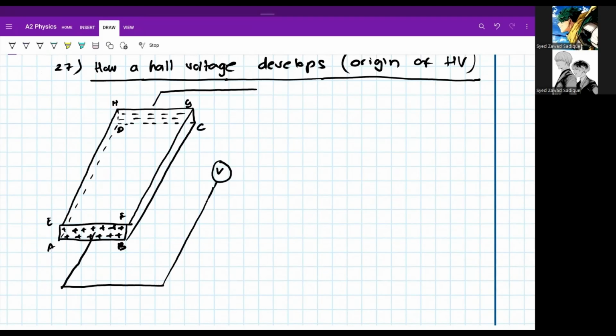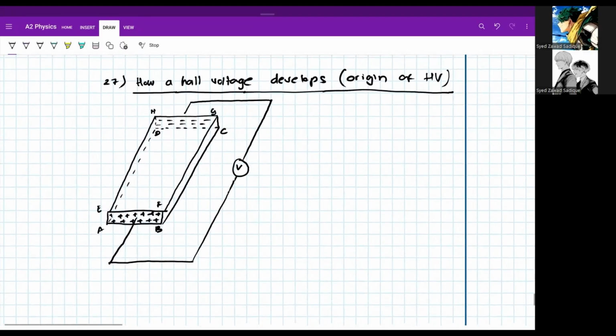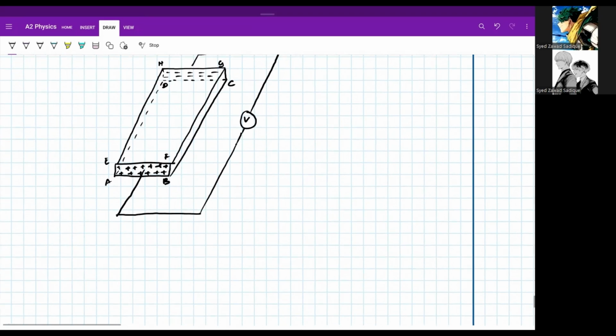Draw a voltmeter across this. Okay, the voltmeter. Similarly, I also have to draw a circuit.